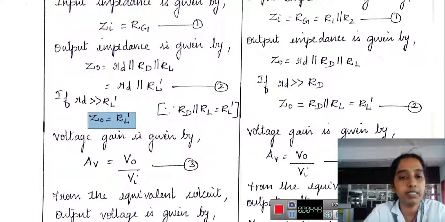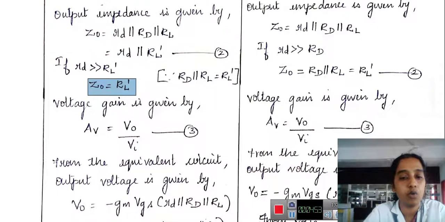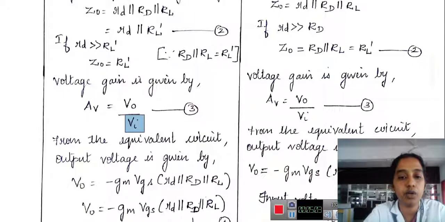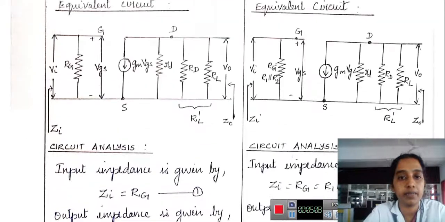Voltage gain AV is output voltage by input voltage Vi. So from the equivalent circuit, what is the output voltage? V is equal to I into R. What is the total value of current here?